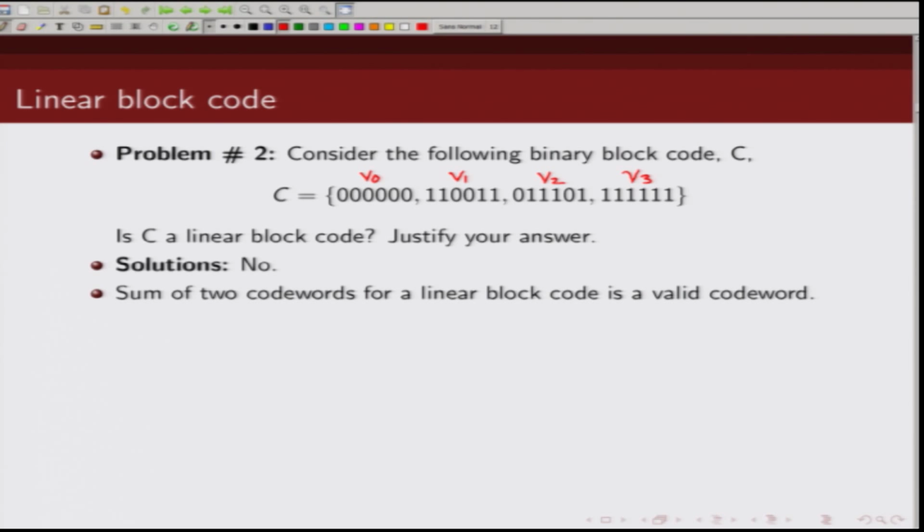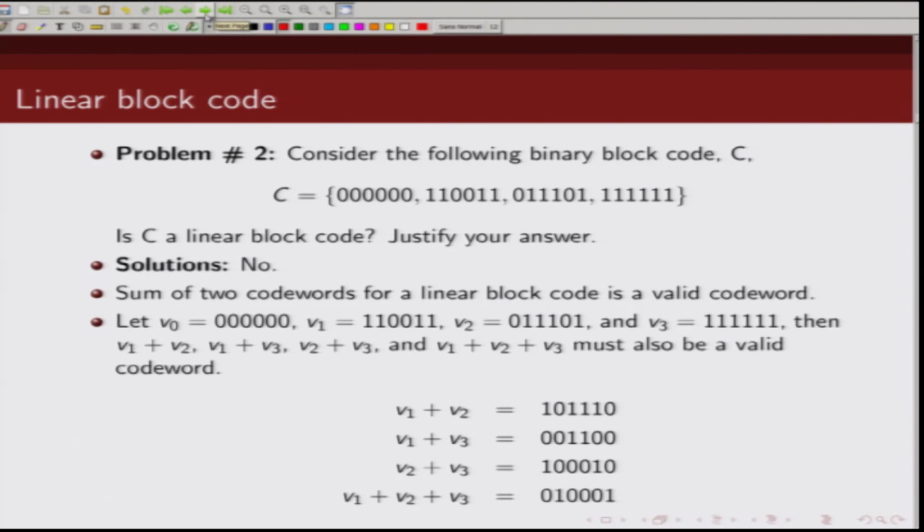They should be in C. As I said, we take V0 to be the all 0 code word, V1 is given by this, this is V2 and this is V3. Now, let us see all possible combinations of V1, V2, V3, the non-zero code words. We consider V1 plus V2. What is V1 plus V2? You can see this is 1, 0, 1, 1, 1, 0. This is given by this.